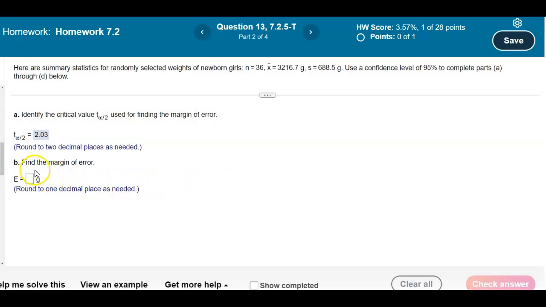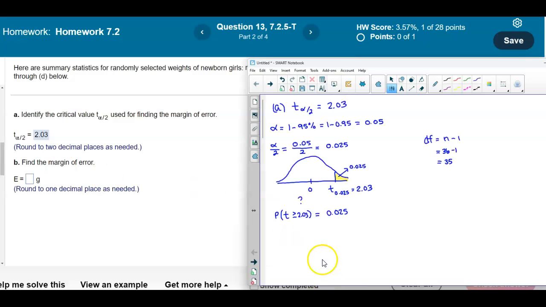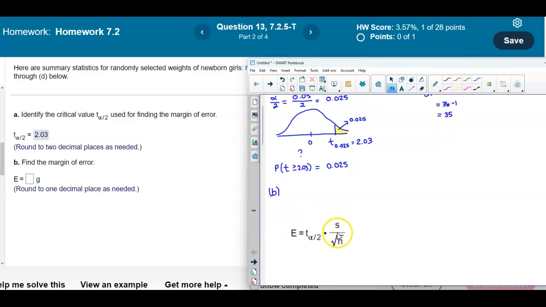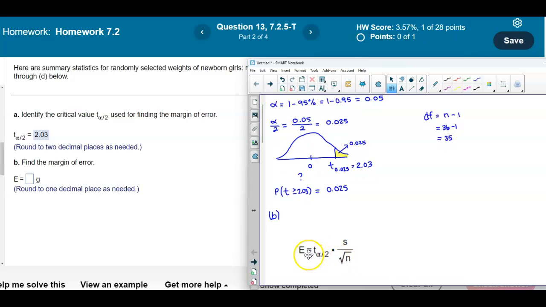Now the next question is to find the margin of error. For part B, we're going to use the following formula: the margin of error is equal to the critical t value times the sample standard deviation divided by the square root of n.